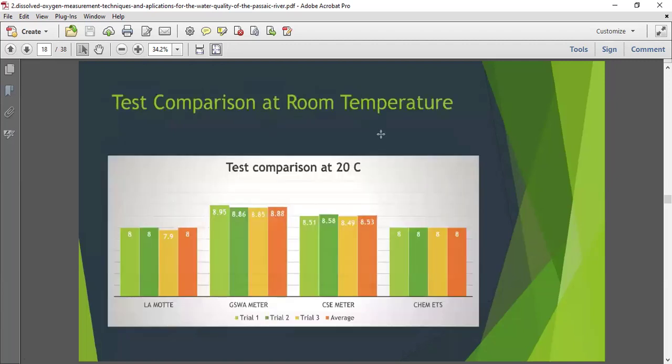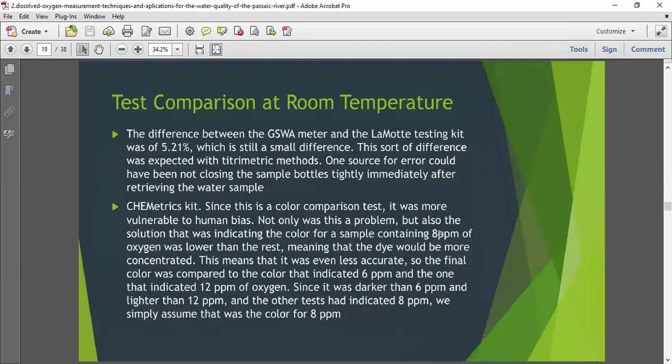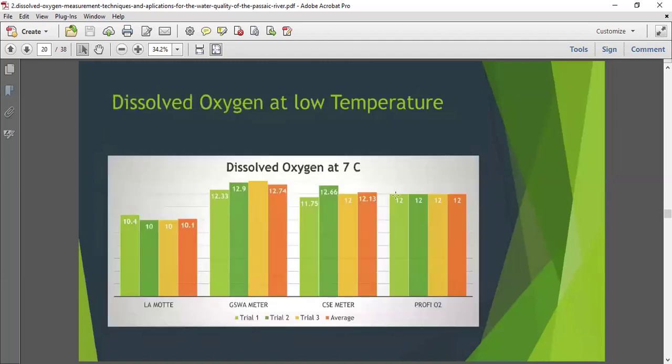Test comparison at room temperature. This one. Dissolved oxygen, this is one type of meter, the GSWA meter.